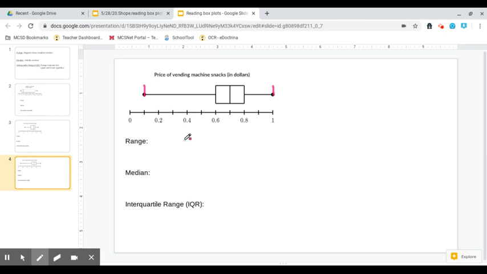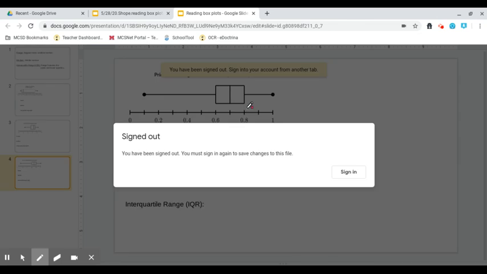So my range is 1, which is 1.0, since we're doing decimals, minus 0.1. 1 minus 1/10 is 0.9. So my ranges go 0.1, 0.2, 0.3, 0.4, 0.5, 0.6, 0.7, 0.8, 0.9.